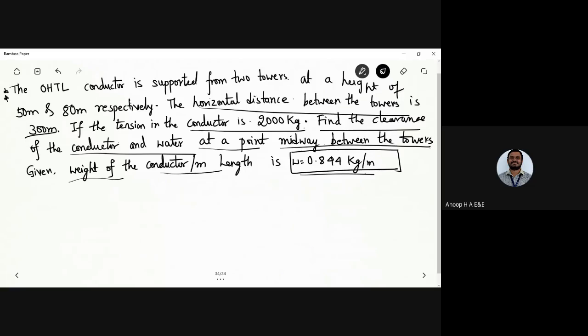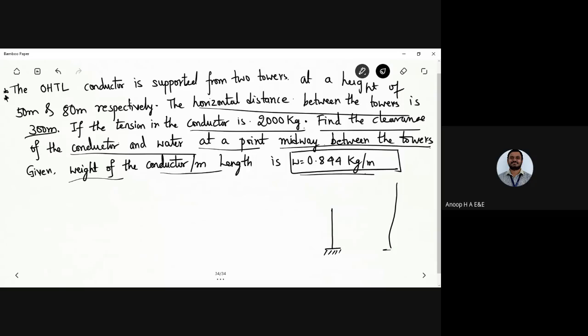Let us draw this, more or less like the towers here. This is the towers what we have. Sorry, I think these are unequal levels. 50 and this one is 80 meters.